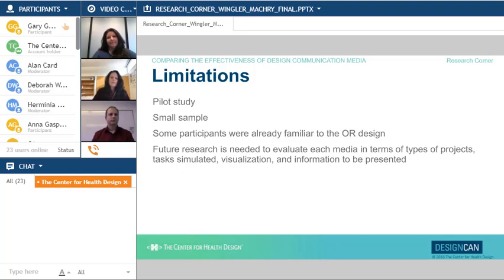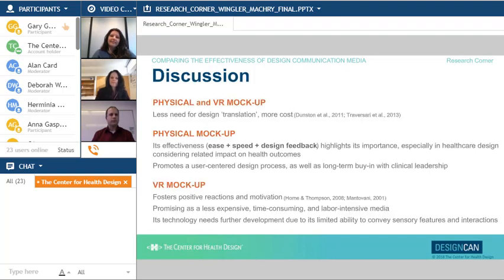And I also think it's important to note that future research is needed to evaluate the media in terms of its effectiveness for different types of projects, and for leveraging task-based simulations, which we know are the most effective way for clinical end users to provide feedback. And also visualization of a project and how information is being presented.